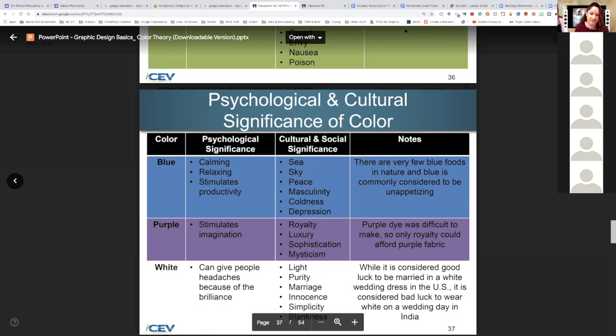Unless you live in India, then it's against the culture to wear white for your wedding dress. So there are different connotations to white. White dresses or wedding apparel vary according to where you live on the map or the globe.